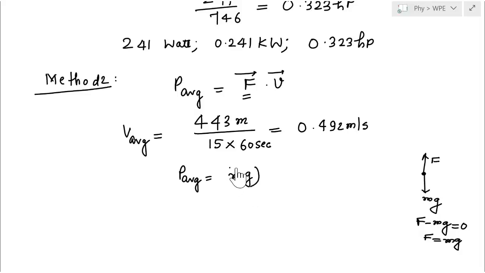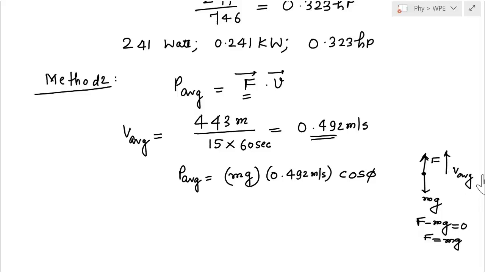And we just calculated the velocity. This is 0.492 meter per second. And then when we are taking the dot product, we have to multiply by cos phi, that is the angle between the force vector and the velocity vector. In this problem, force is in the upward direction and the velocity, the average velocity, is also in the upward direction.